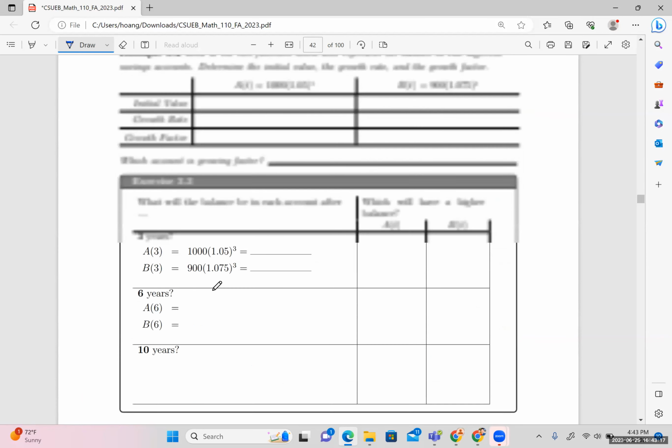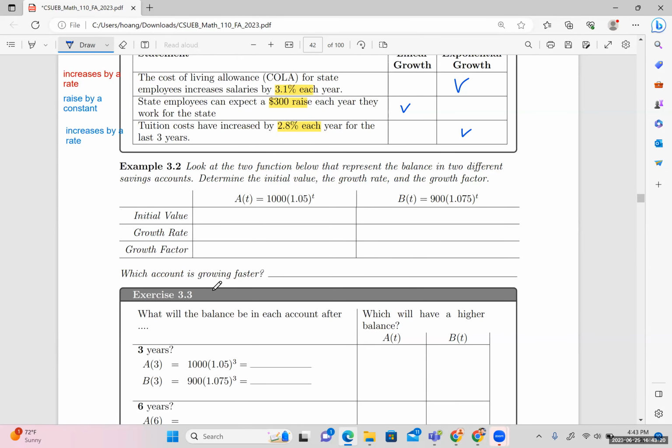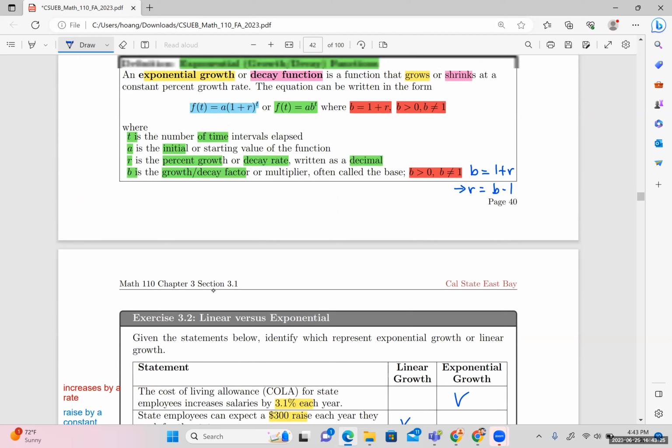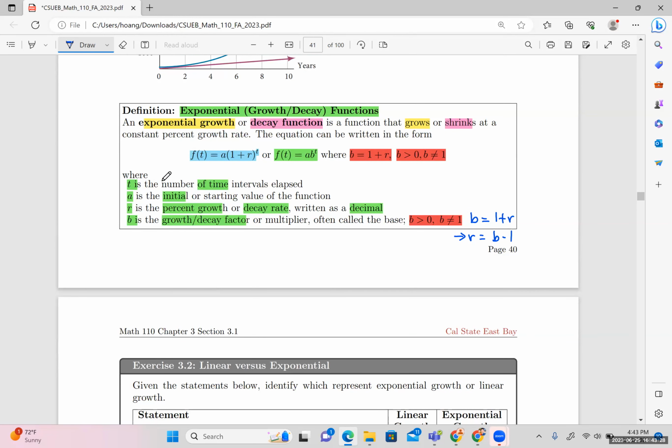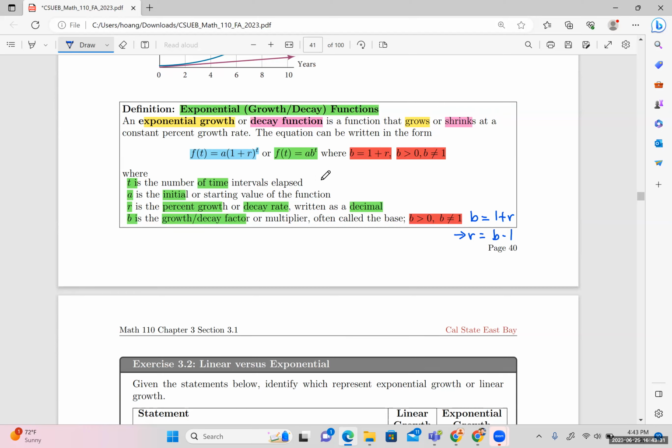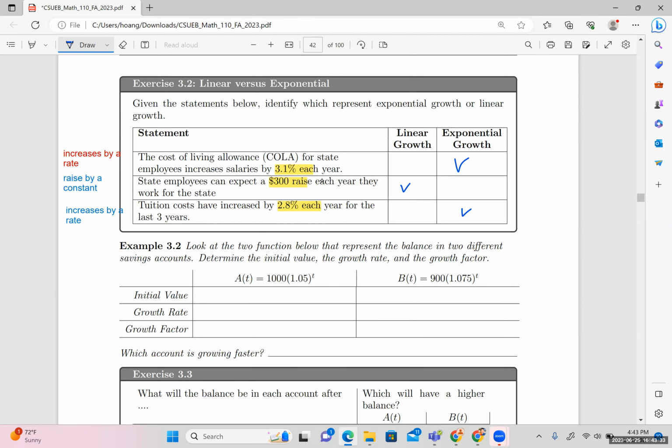So come back to the function here. I remember that right now they are using the form without 1 plus. So they are using the form f(t) equals a times b raised to t. Okay, so I'm going to write it above to make it easy to see. f(t) equals A times B^t.